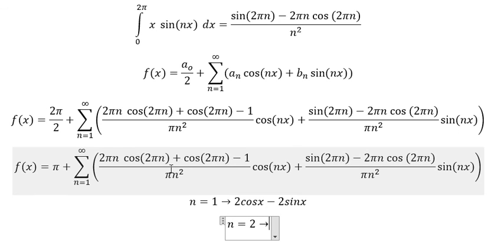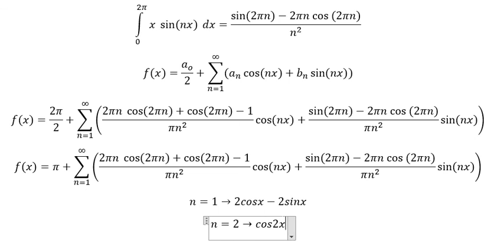Now let's put n equals 2. So we will have 1 cosine 2s, and this one we have negative 1 sine 2s.